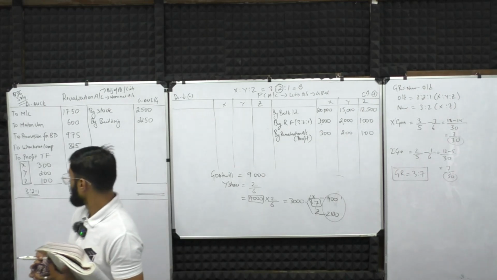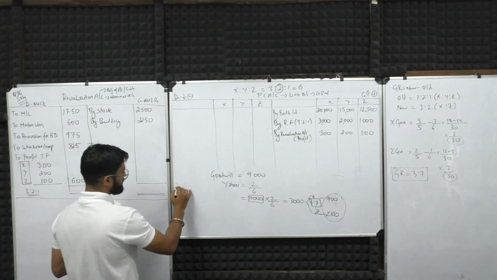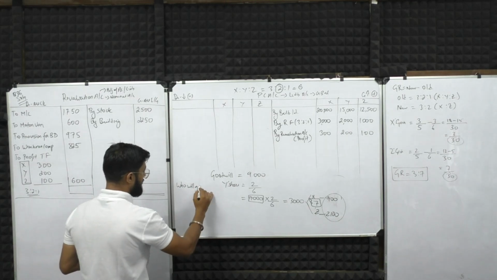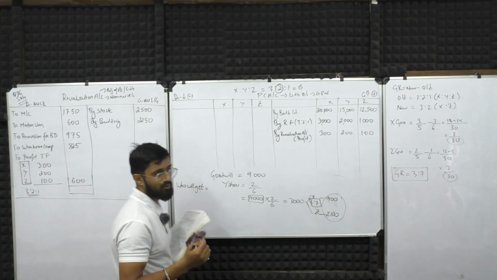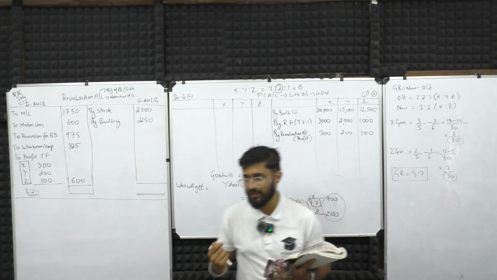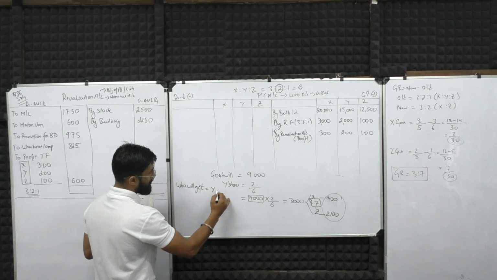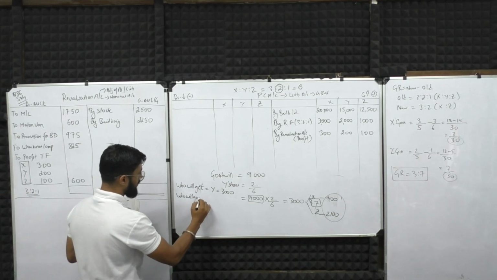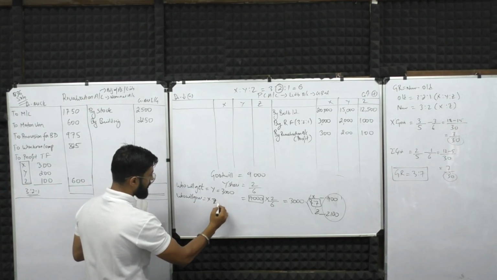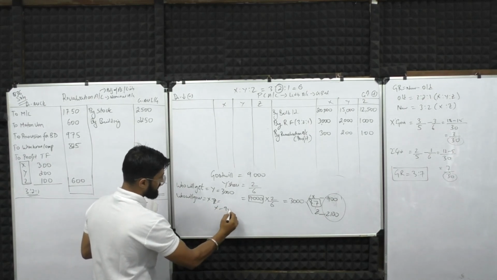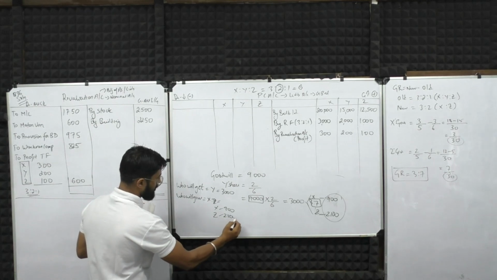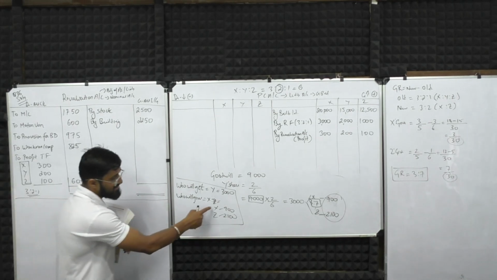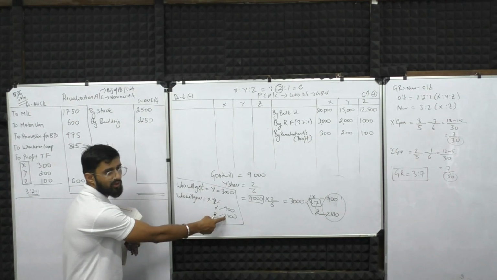Who will get it? Y, as the retiring partner, sacrifices his share of goodwill and is compensated. Y gets 3,000, and the gaining partners X and Z give: X gives 900, Z gives 2,100.